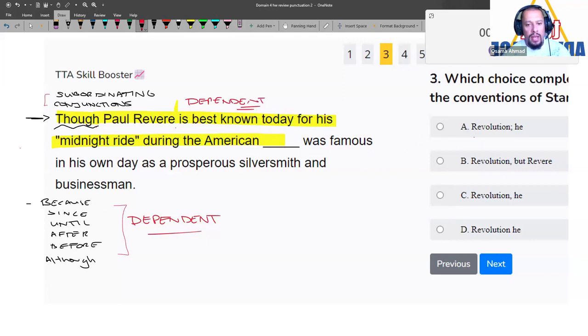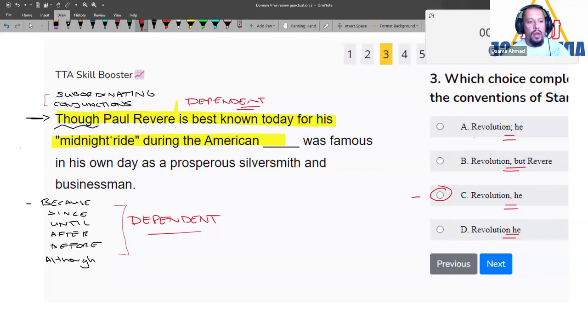When you have a dependent idea, what form of punctuation do you use? Semicolon, comma, fanboys, comma, or nothing? We use a comma. Don't sound unsure. Sound sure of yourself, sir.